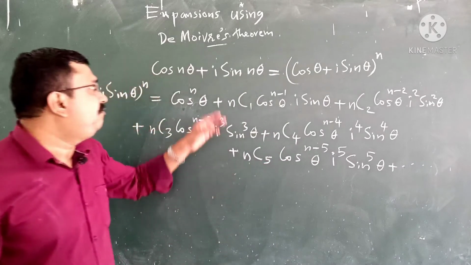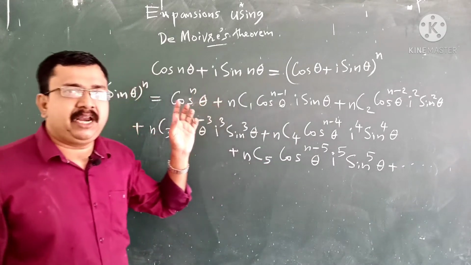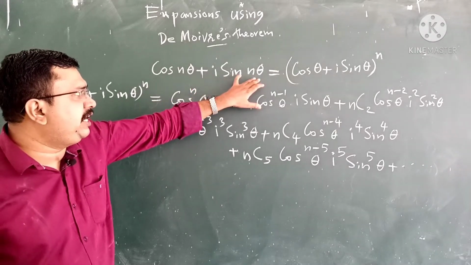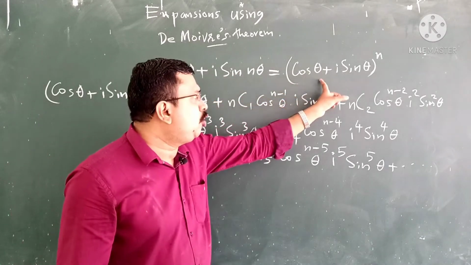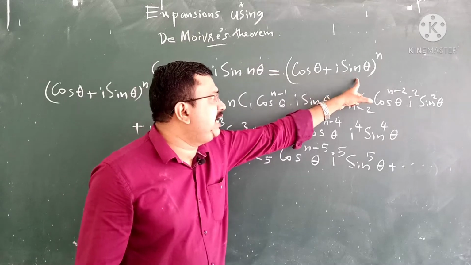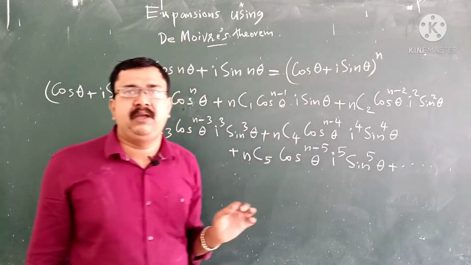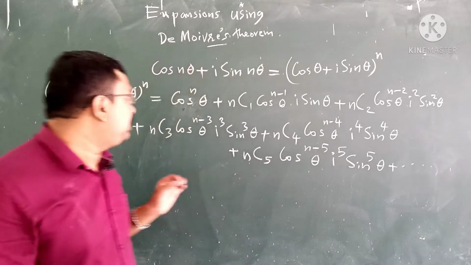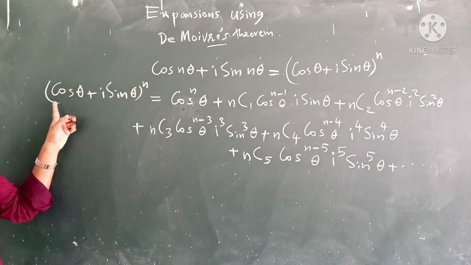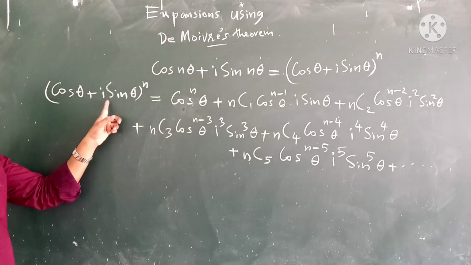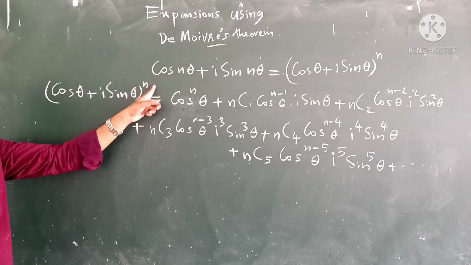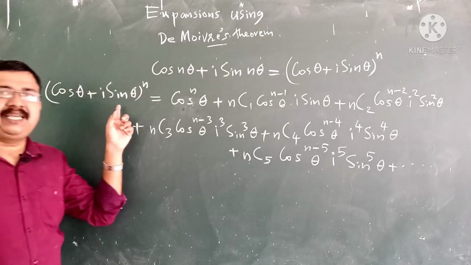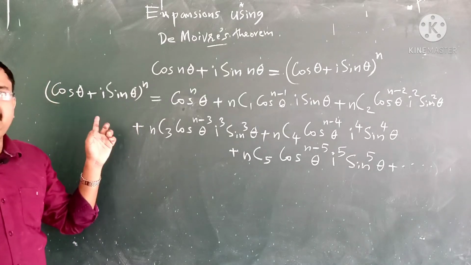Okay, listen. We know that by De Moivre's theorem we can write cos n theta plus I sin n theta is equal to cos theta plus I sin theta the whole raised to n. Then we are applying binomial theorem. Here the first term is cos theta and the second term is I sin theta.